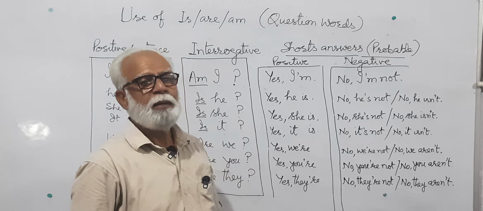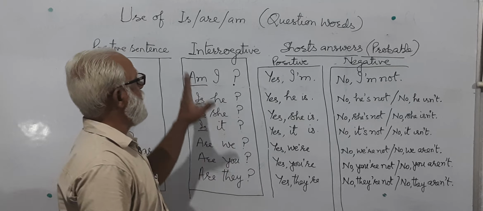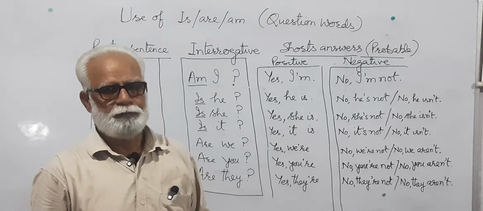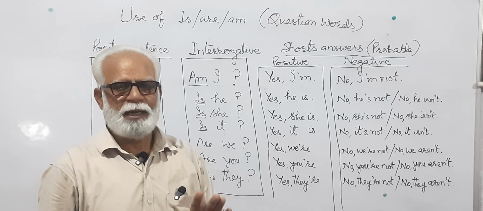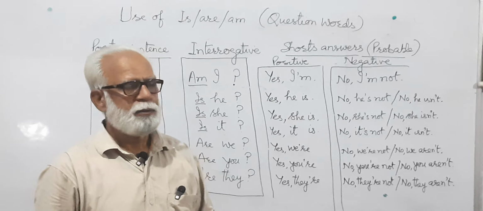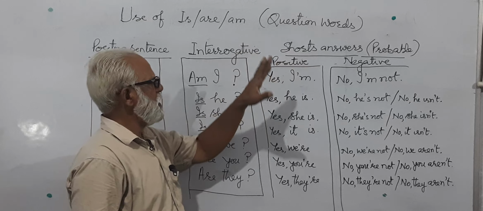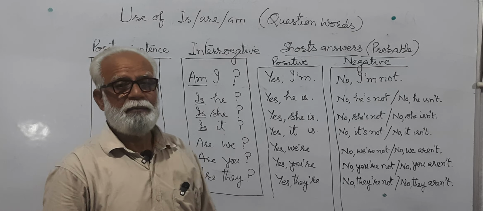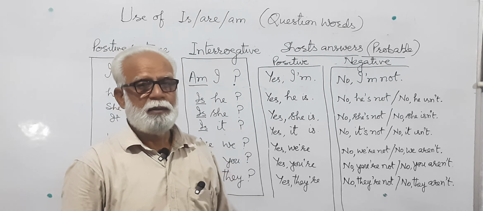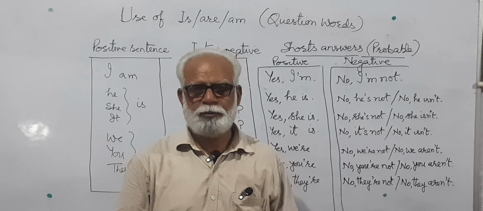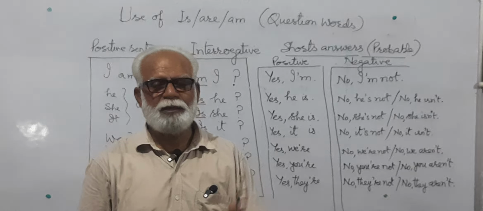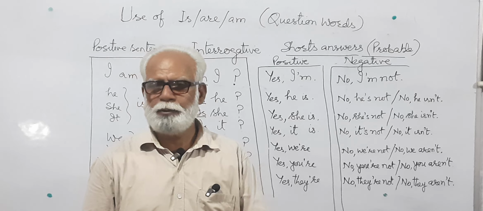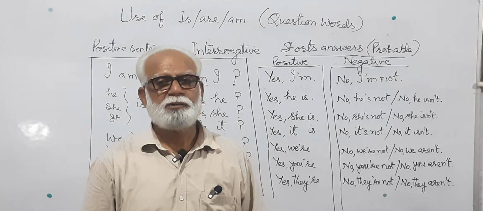Remember one thing, whenever we make question with these auxiliaries, their probable answers are yes or no. In a very talkative language, we can answer with either yes or with no. Then we have to know more, because questions are always formed to get information. So why are they put? They are put to acquire information.